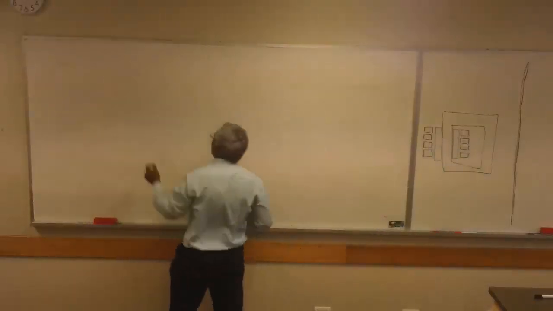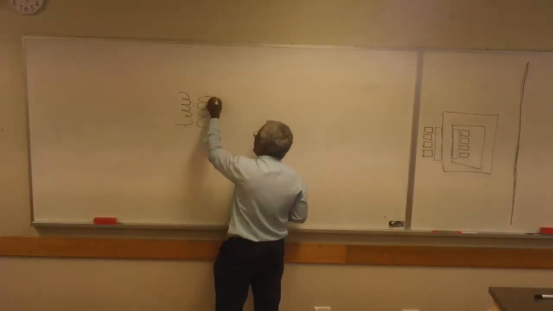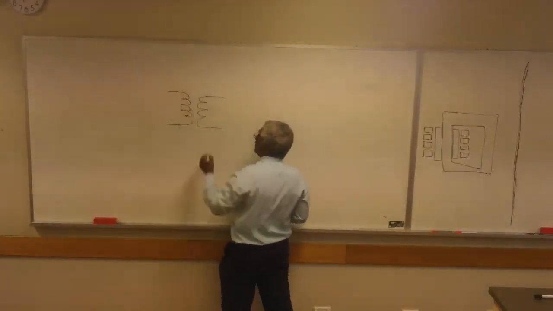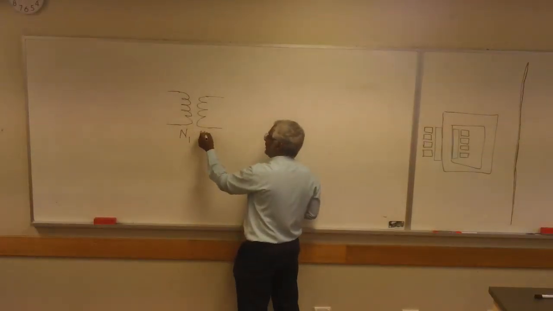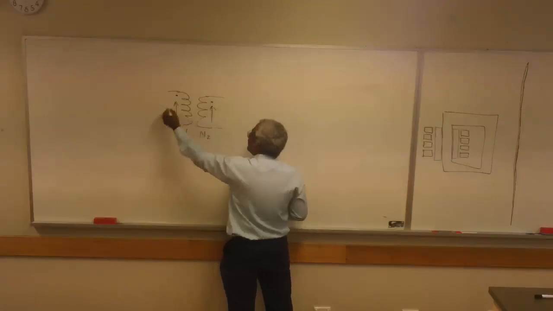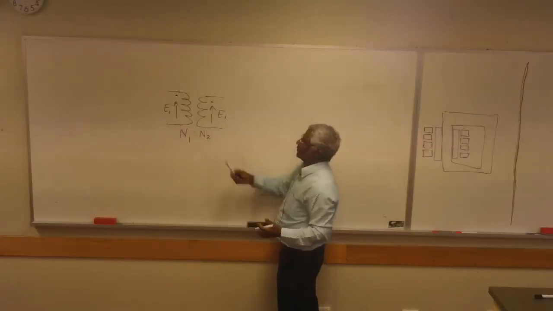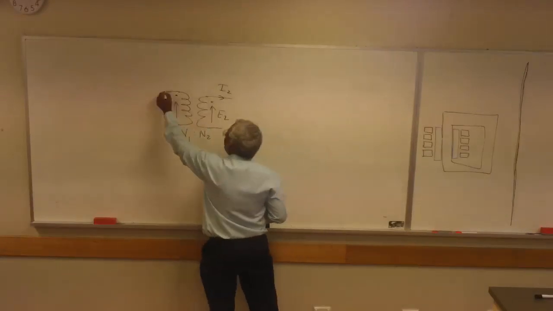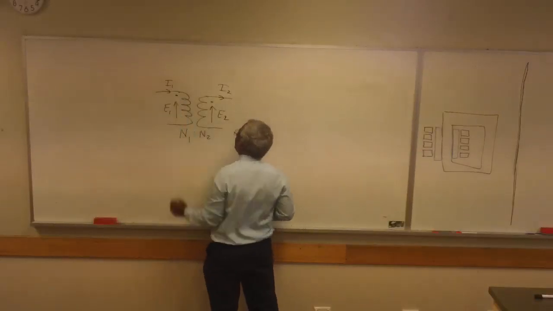The transformer that we were looking at, we said we could think of it as an ideal transformer. And with ideal transformers, you say that you know everything there is to know about them, and everything there is to know means this voltage ratio would be equal to the turns ratio. There would be some current, normally shown like this.